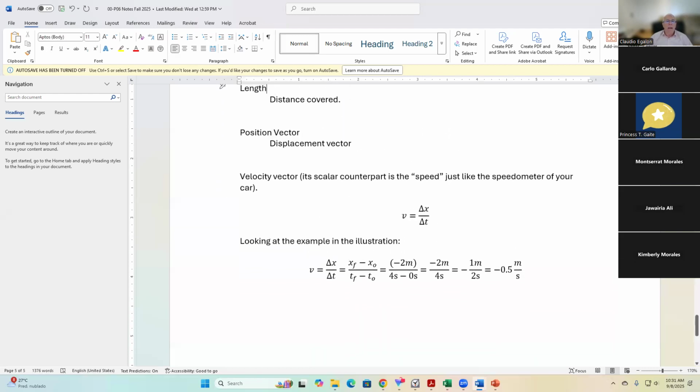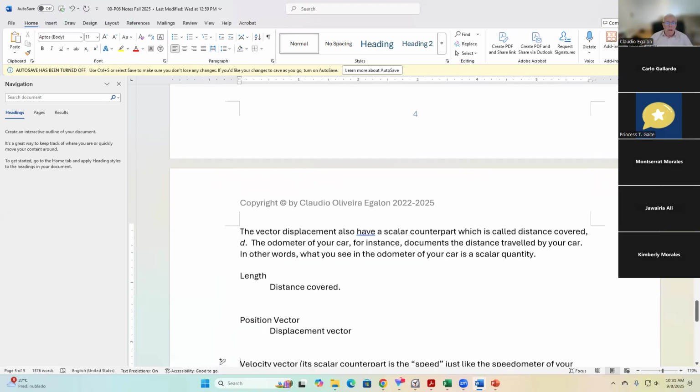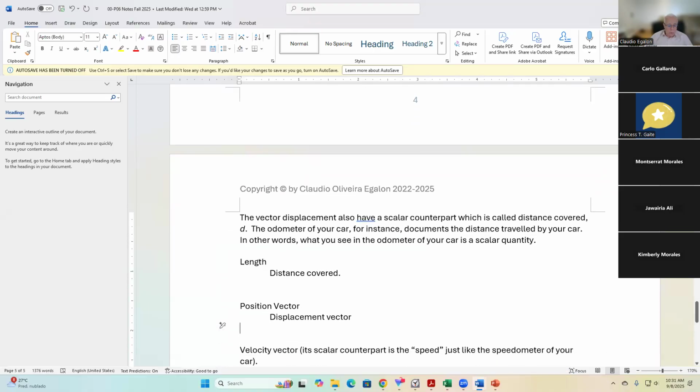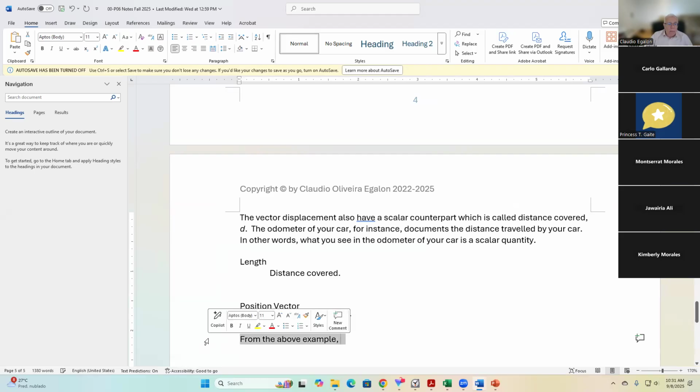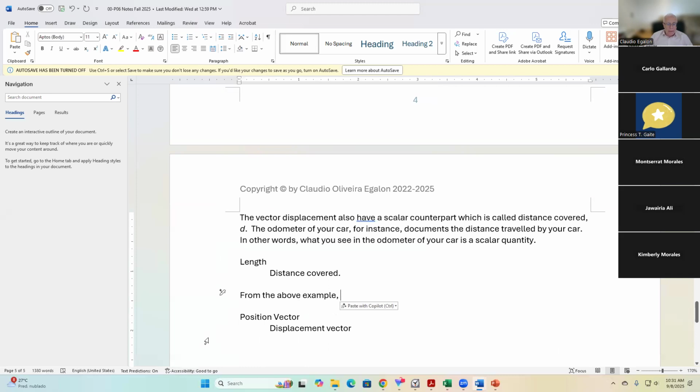Now going back here, let's see. We calculated, from the above example, the distance covered is plus 2 meters, right?